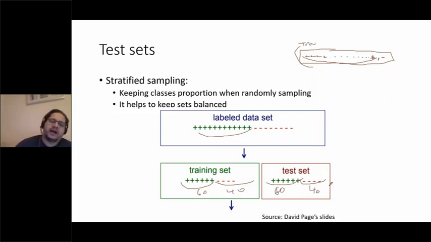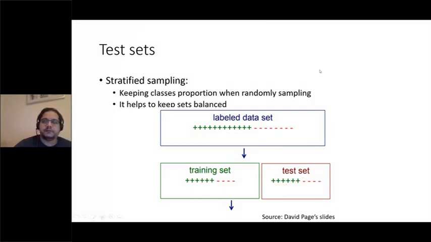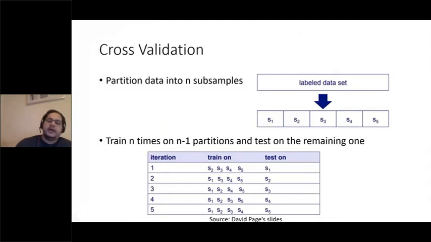This is what we call stratified sampling. Otherwise, if we don't have the same proportion, the model will just focus on one class, and the other model can focus on a different class. Are you happy with this explanation, guys? Yes. Okay.